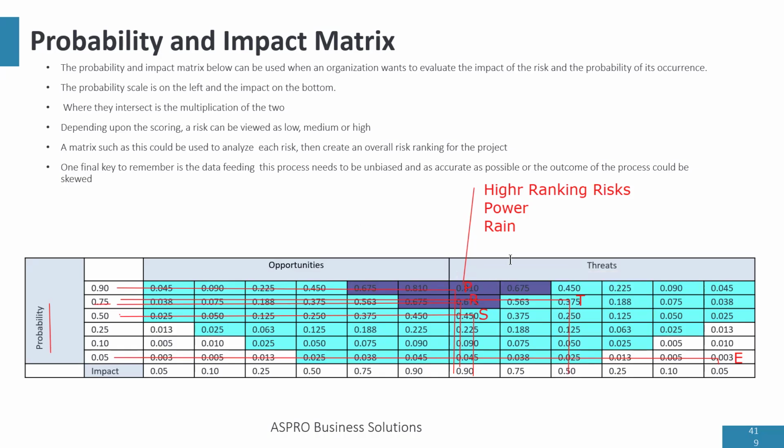So any risks that fall in the purple area of the matrix are high ranking risks. Any risk that falls in the turquoise area is a medium ranking risk. So these are medium ranking risks. The ones that fall in the middle are security and traffic.